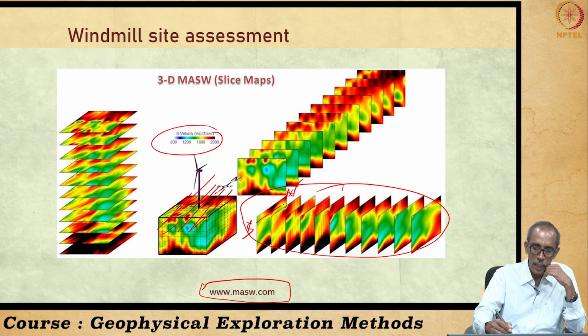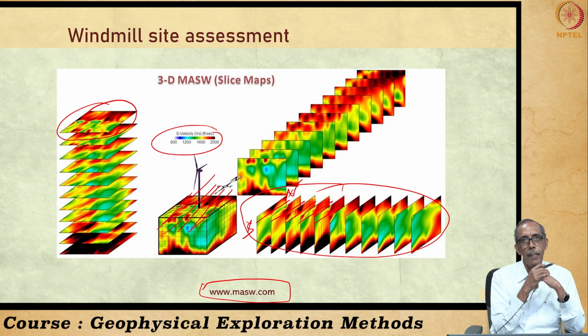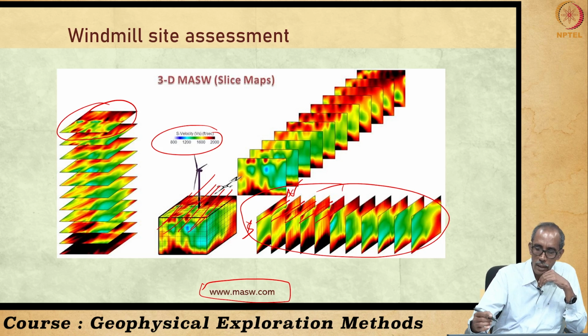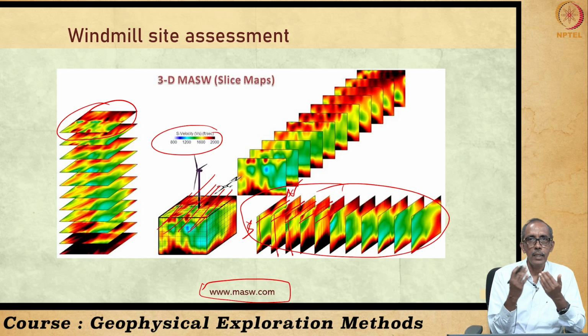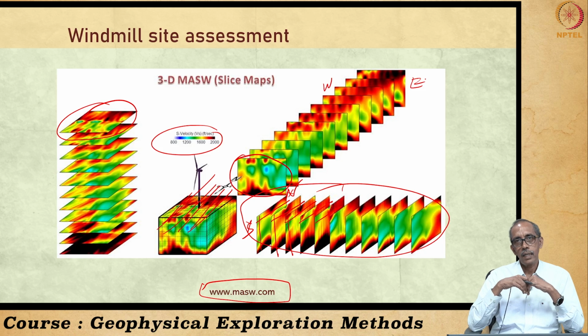I will take one line here, one line here, one line here, one line here, one line here, and arrive at a horizontal section. Similarly, you can take one line here, one line here, one line here, combine them and interpolate the in-between missing locations. This is north south, this is west to east, and several sections we can arrive at.